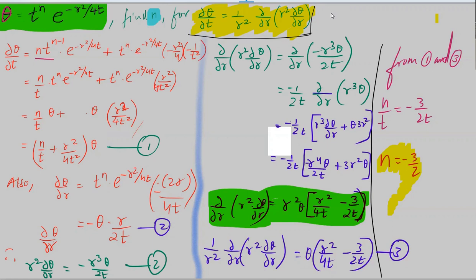And second term as it is, plus first term as it is, derivative of e power something. Derivative of e power something is e power something only, and again derivative of whatever is in the power. So derivative of r square upon 4t: minus r square upon 4 is constant, derivative of 1 upon t is minus 1 upon t square.